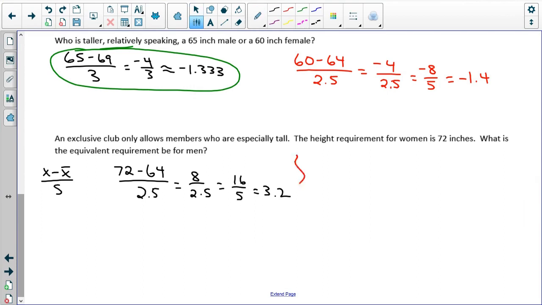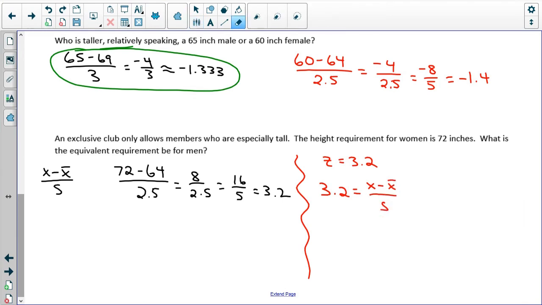So let's now solve an algebra problem. The z-score equivalently for men needs to be 3.2 because we need to compare them and we want them to be equal. So 3.2 is equal to the observation, that's what we're trying to find, minus the mean over the standard deviation. I can find the mean and standard deviation here because I was given them. The mean height for males is 69 inches. The standard deviation for males was 3.